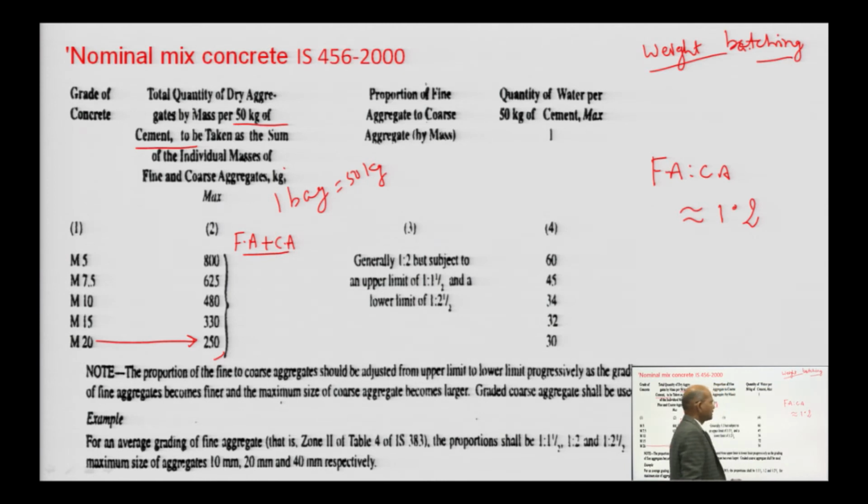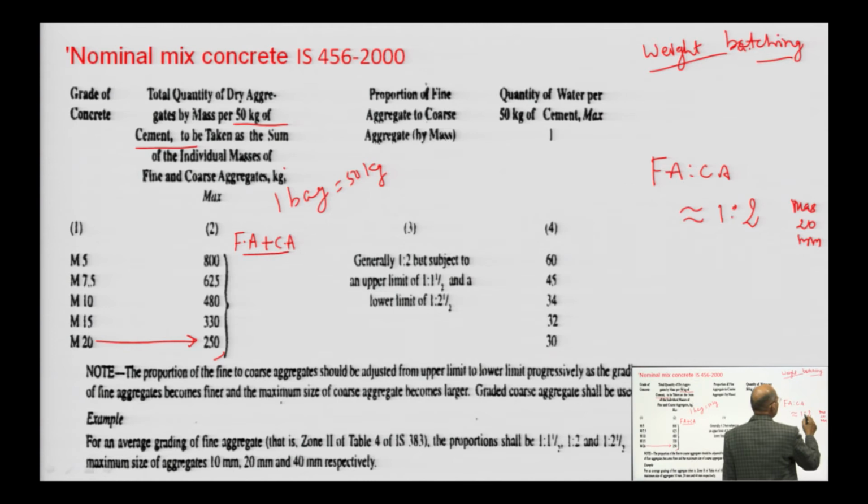If your maximum aggregate size, MAS, is 20 mm and down, then you can use the ratio of 1:2. But suppose your maximum size of aggregate is say 12 mm and down, or 10 mm and down. In that case we have to increase the fines.